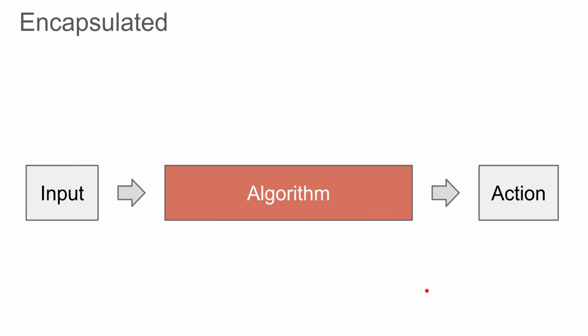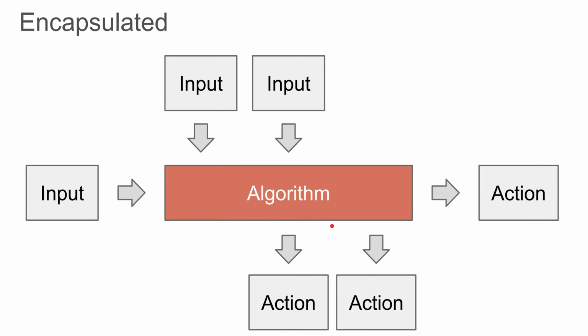And last but not least is that it leads to encapsulation. So if you went the route of imperative programming, so you actually code the algorithm yourself, then what would happen over time is that new features are coming in, new sources of inputs are coming in, and your algorithm becomes very convoluted. You have many if-else statements for various corner cases, and at the end of the day, no one really fully understands how your algorithm operates under all of the conditions.